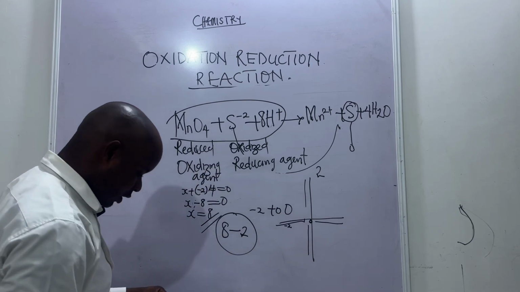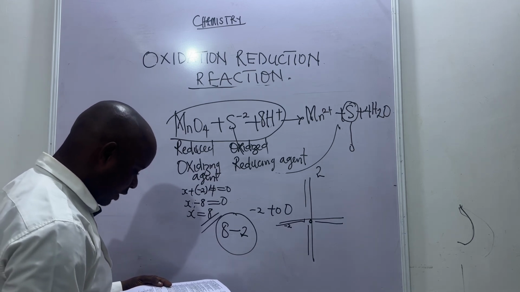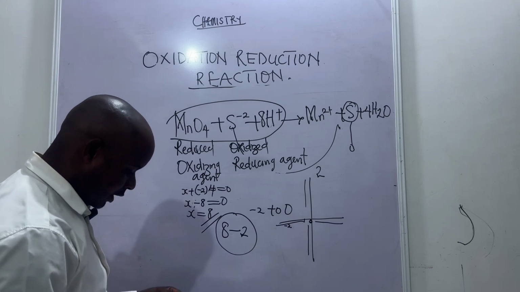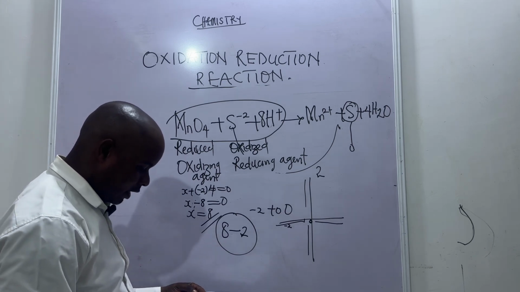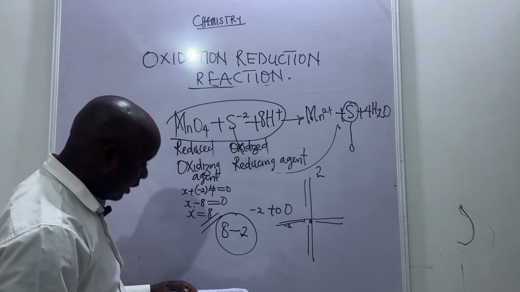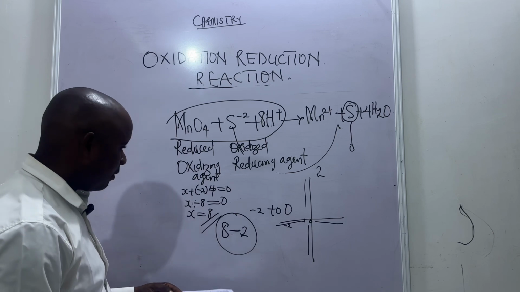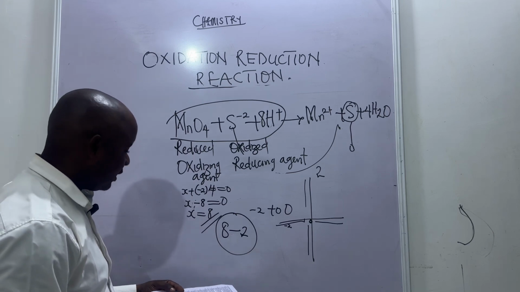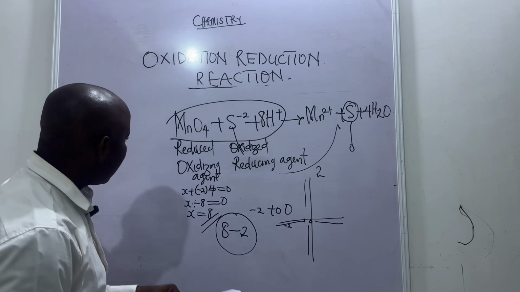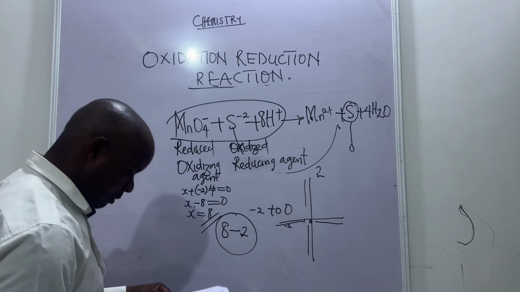So with the options: A, sulfur 2 minus and manganese 2 plus; B, manganese 2 plus; C, manganese ion; D, sulfur and hydrogen ion. The answer will be what? The oxidizing agent will be manganese ion.